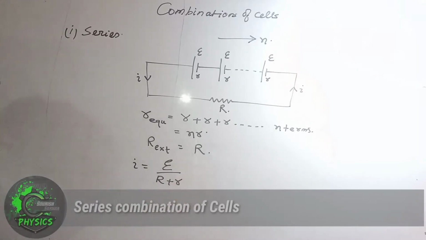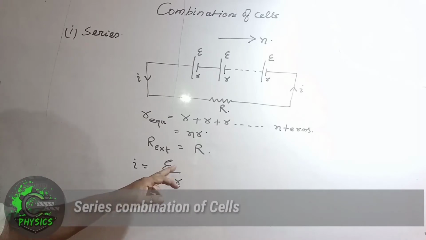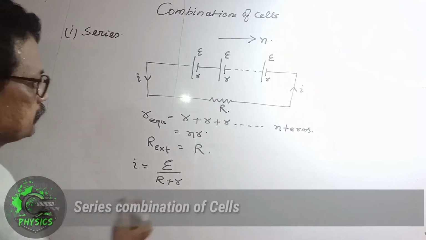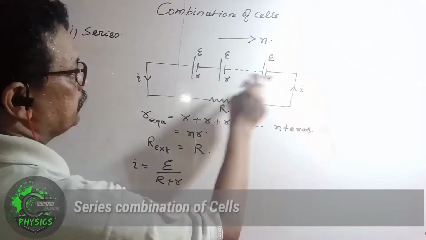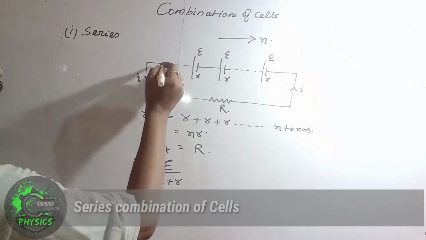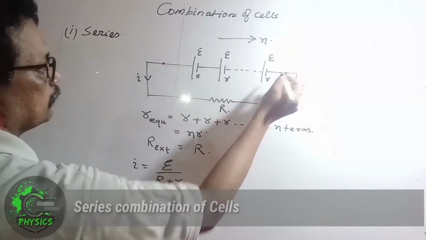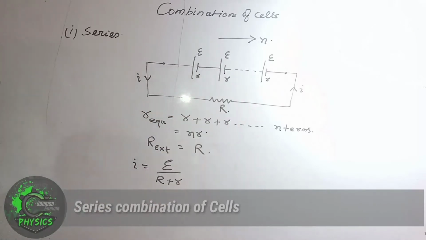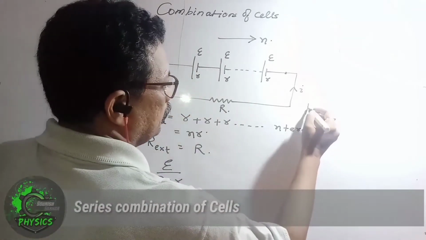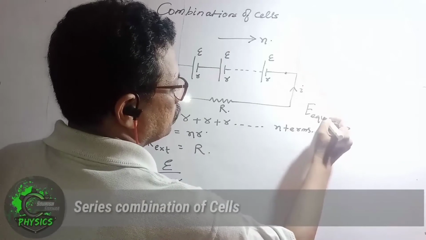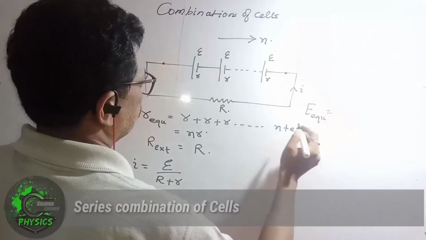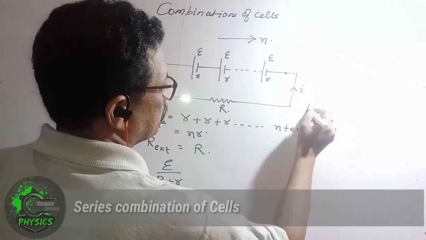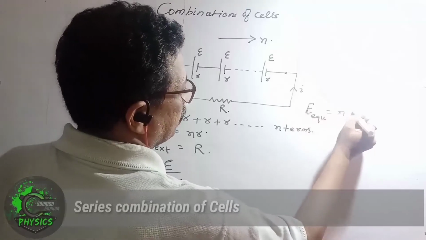E is the EMF of the cell, R is the external resistance connected to the circuit, and small r is the internal resistance. What will be the equivalent EMF between these 2 points? If a number of cells, each of EMF E, are connected, then E equivalent, the equivalent EMF, can be written as nE.